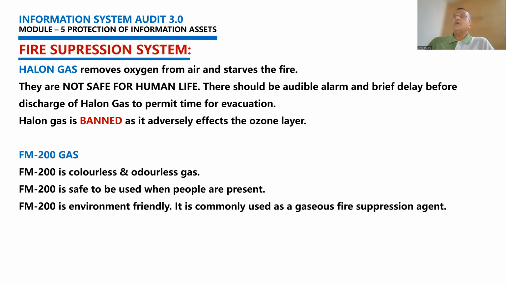But this is very dangerous, and it affects the ozone layer of the atmosphere, so it's now banned. But if it was used in any organization earlier, they say that you have to generate enough alarm, you should warn people, and it should only be used in a building where human life is not present.